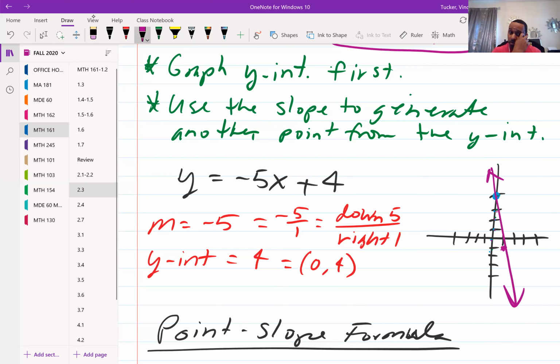All right, questions? Not a question. I just want to make sure I got it. Always get your y-intercept first before you plot your slope, before you use your slope to plot another point.